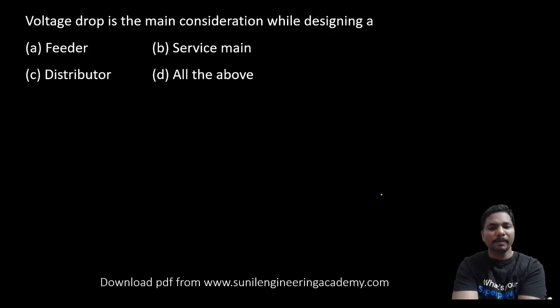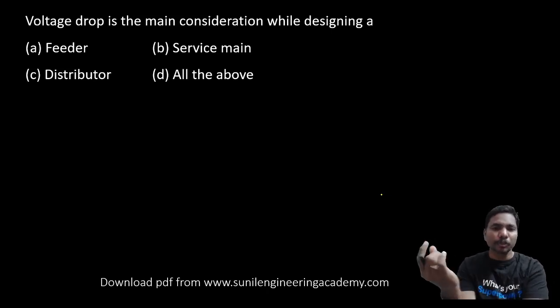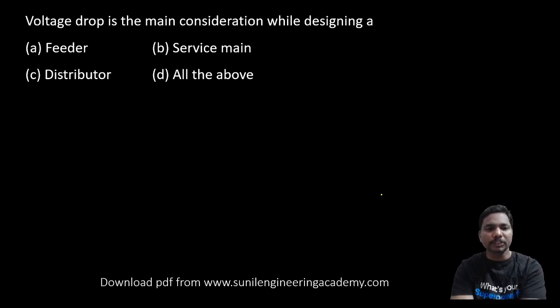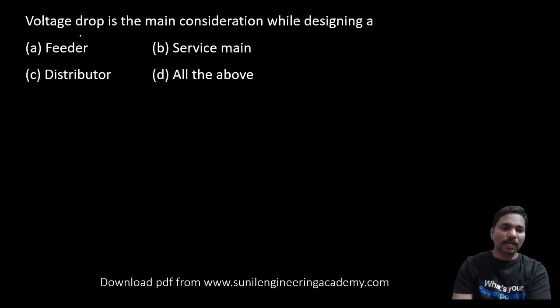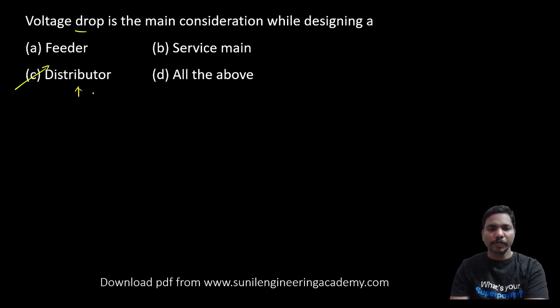Voltage drop is the main consideration while designing a dash. In case of distribution, lines are divided into distributors and feeders. So here voltage drop is the main consideration in case of distributor. Based upon the voltage drops we are going to design this. And what about the feeder?